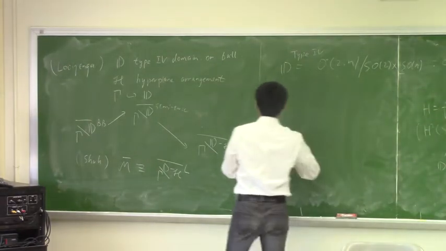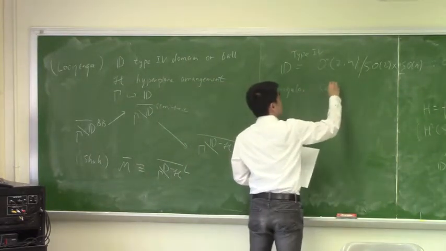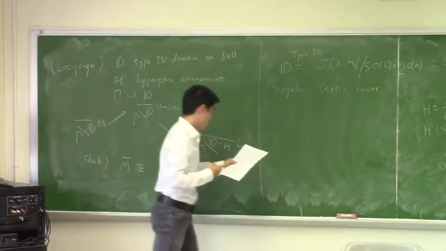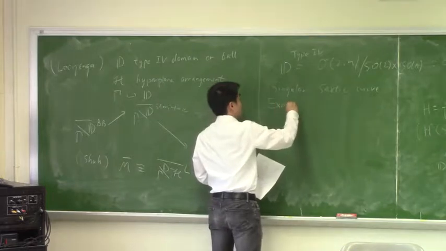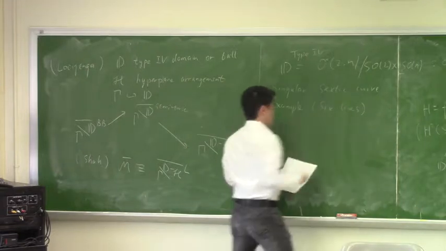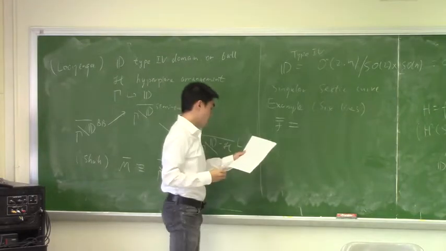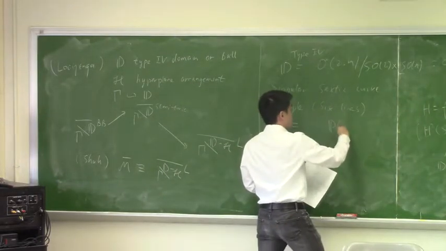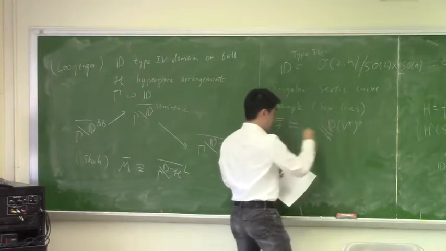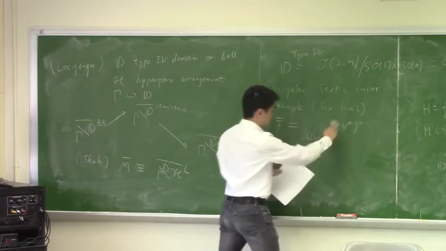All right. So first, let's talk about singular sextic curves. So another example. It's just 6 lines in P2. So the moduli space is a GIT quotient of (P^2*)^6. We take 6 copies and we do the GIT quotient by SL3, and also we can permute all the lines.